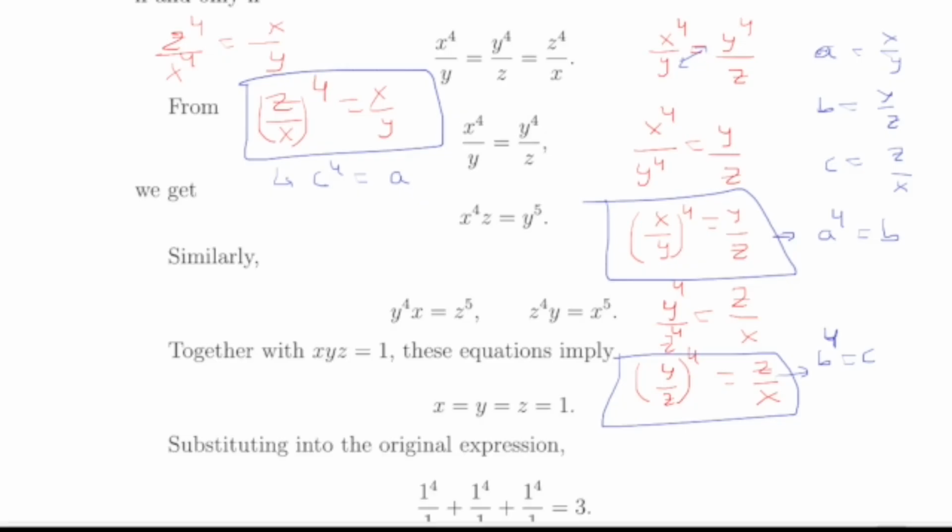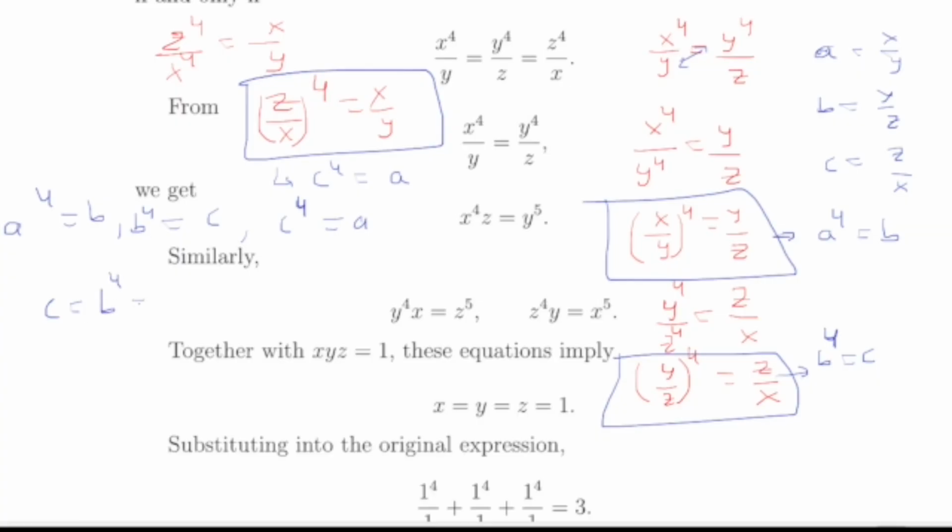So now, let me just write it out. a to the fourth equals b. b to the fourth equals c. c to the fourth equals a. So a to the fourth equals b, and c is b to the fourth.